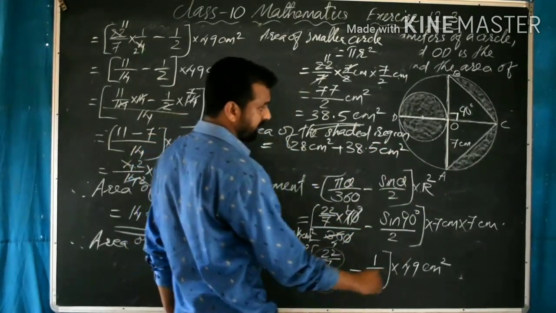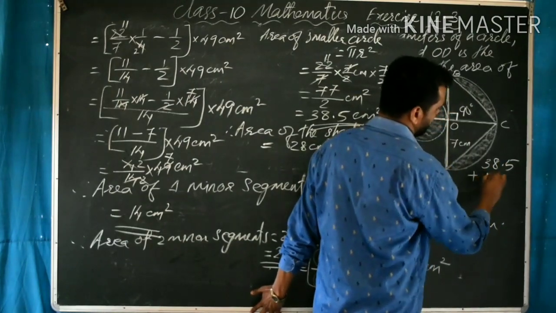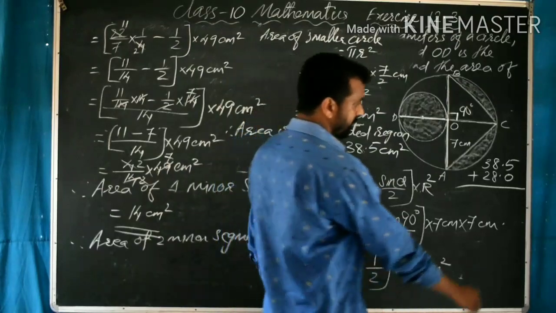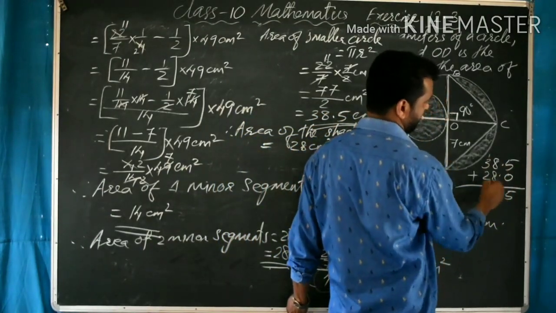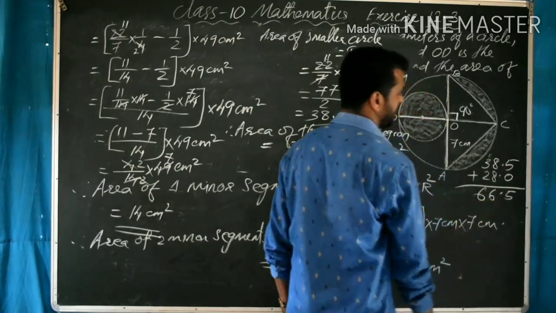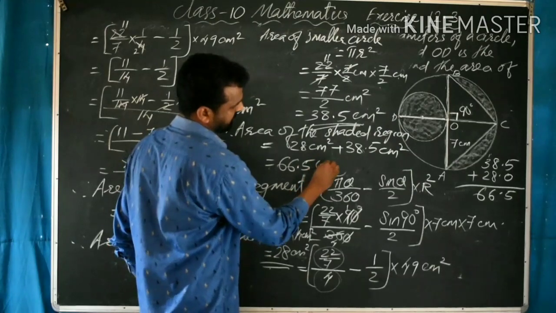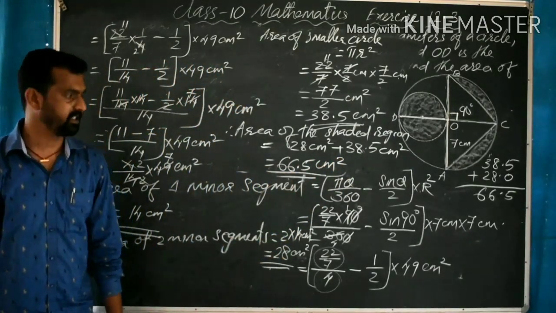So 38.5 plus 28.0, that is 66.5 centimeter square. That is the area of the shaded region.